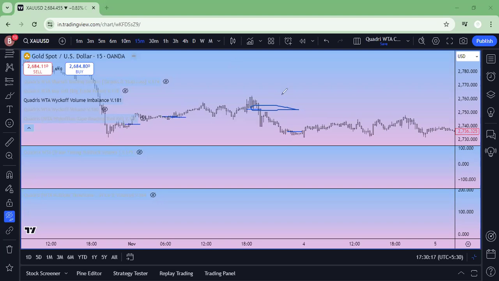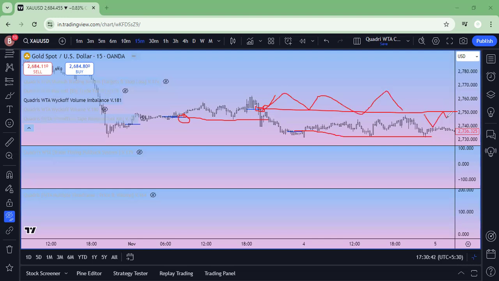So if you see this blue line, if you draw a support level or a horizontal line around this one or across this one, you would see this particular volume imbalance would give you an area, or a price level, which would be respected in future coming sessions.